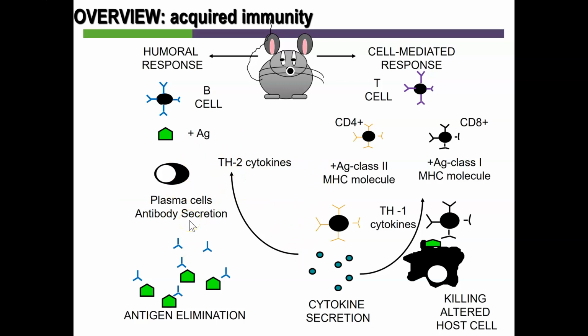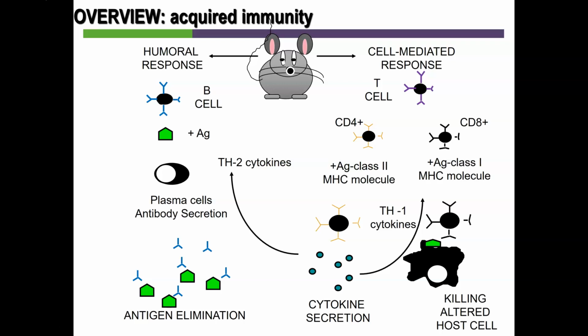Once it does that, the B cell is going to then be activated to undergo clonal expansion. Some of those are going to be plasma cells and actively secreting that type of antibody that recognizes the epitope they're first presenting to the T cells. And some of them are going to be memory B cells. Remember, antibodies have many activities that can undertake, but their goal is to get rid of the antigen.